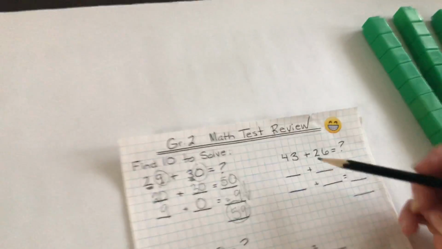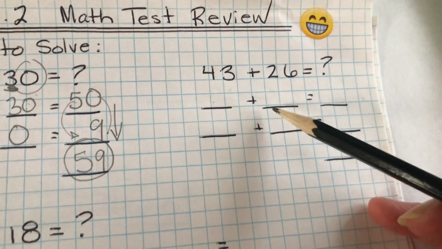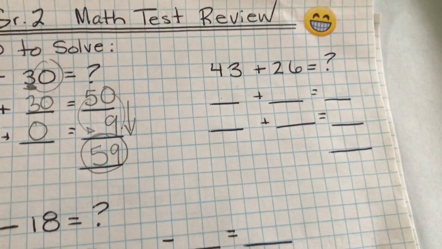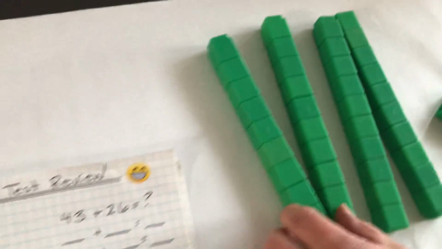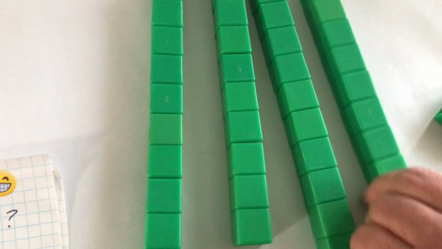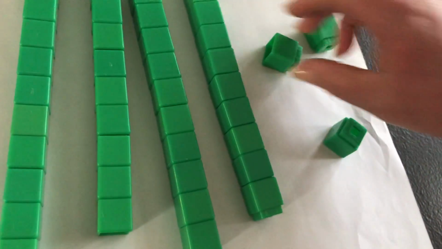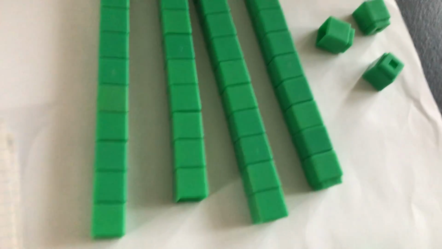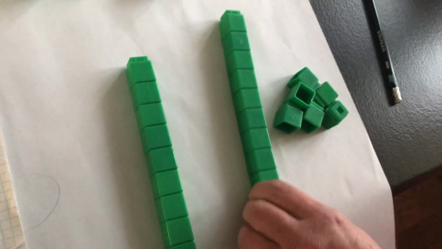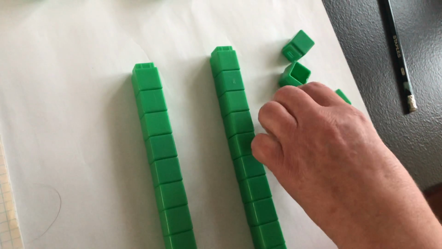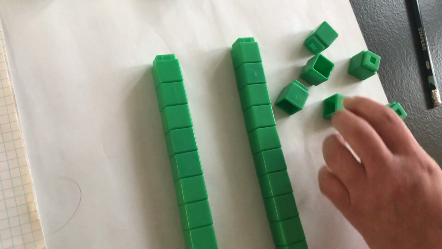Now we have another example right here, 43 plus 26. And if we look at our blocks, we have 10, 20, 30, 40, 1, 2, 3, and 26. 10, 20, 1, 2, 3, 4, 5, 6.